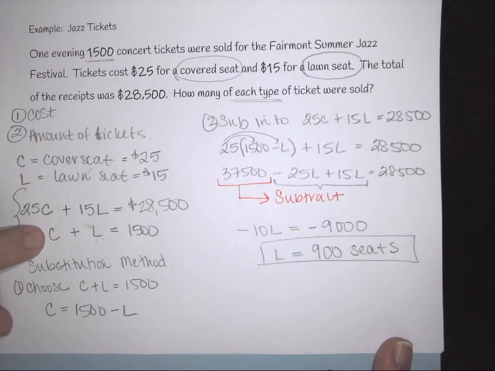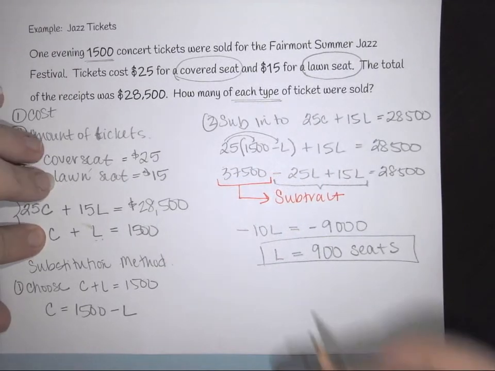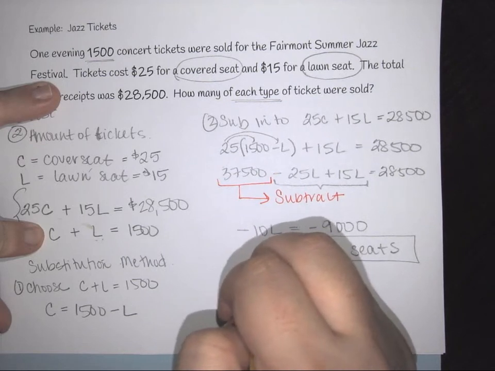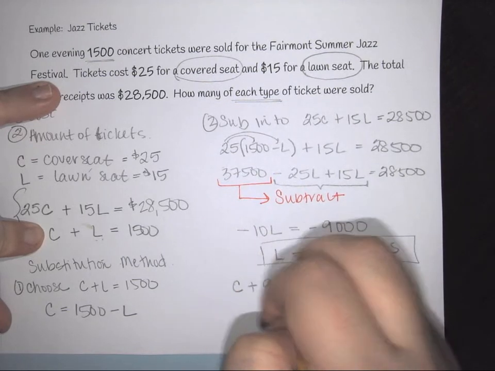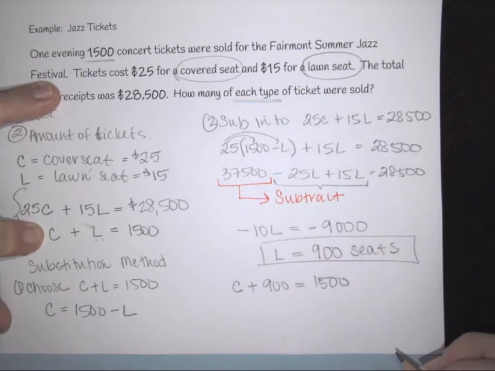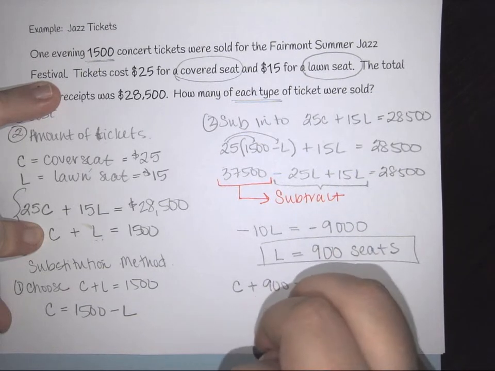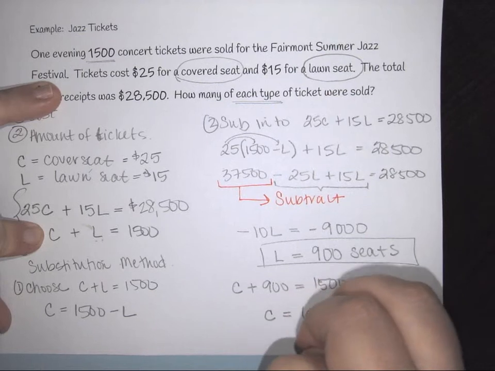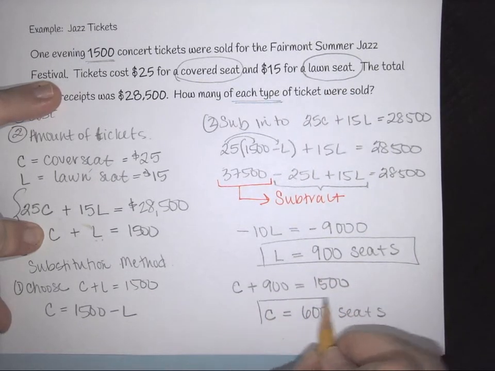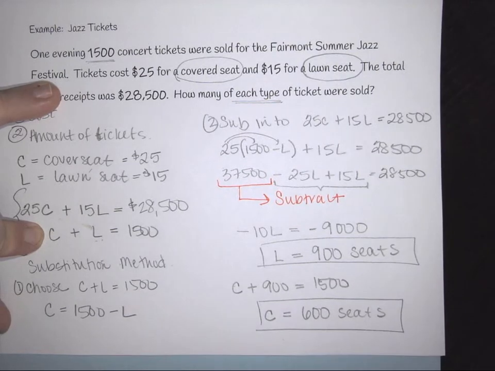I'm then going to go back to my original equation here, which says that C plus my 900 should equal 1,500 seats. Therefore, C is going to equal 600 seats, and here is your second.